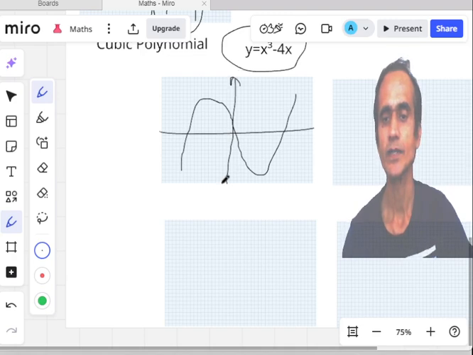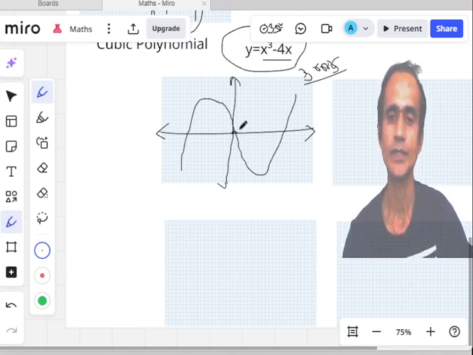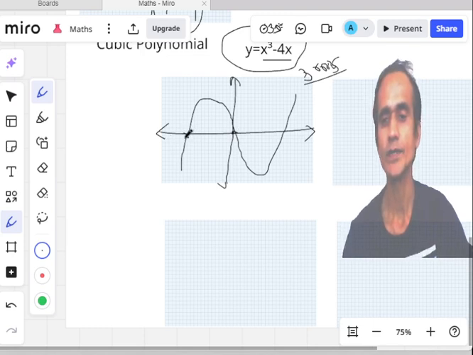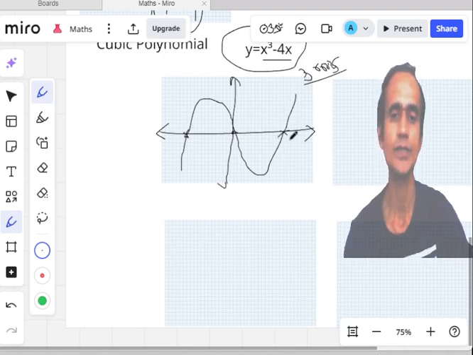This is y axis and this is our x axis. So this equation has three roots. One of the roots, clearly we can find out, if y is 0, then value of x is 0. So it passes through the origin. This is one of the values. And these 2 points where this curve intersects x-axis are the other two zeros.